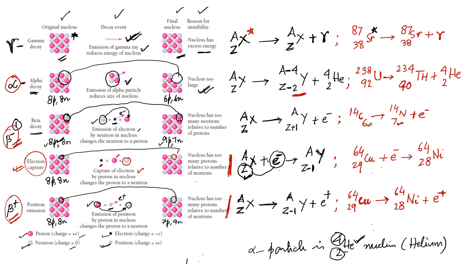So this is a basic brief sketch of radioactivity: what radioactivity is, why a system is unstable, how a system is unstable, and through what processes the system can go towards stability. Thank you.